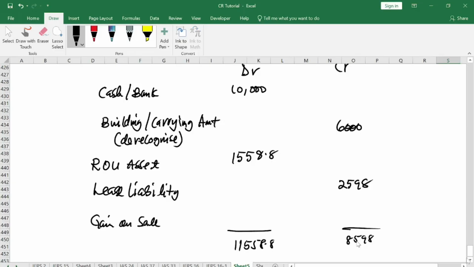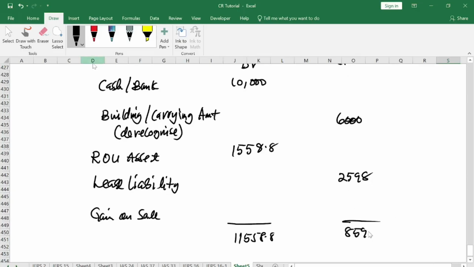Let's balance it. The difference between the credit and debit side is 2,960.8.